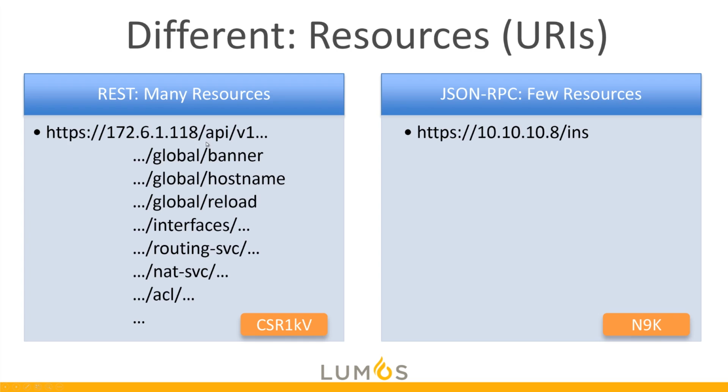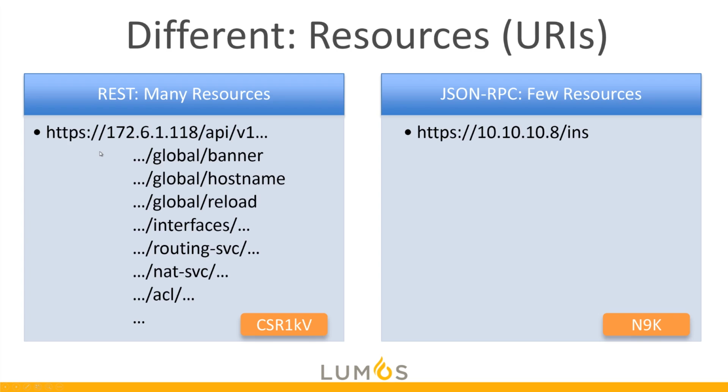Then I have /api/v1/global/banner. Again, 172.6.1.118/api/v1/global/hostname. And again, this whole prefix and then /global/reload, this whole prefix /interfaces. So this is how the CSR 1000V deals with it.